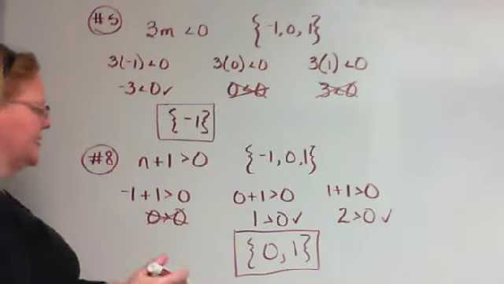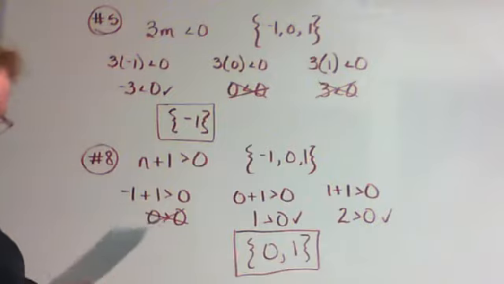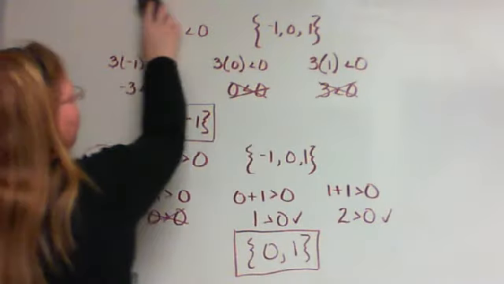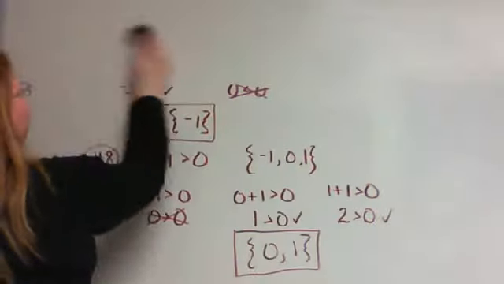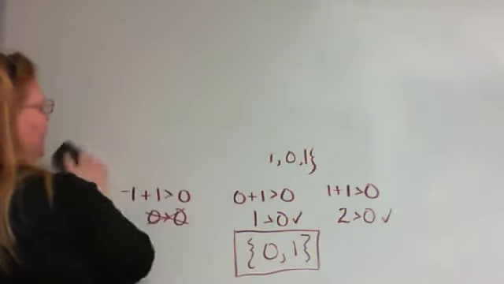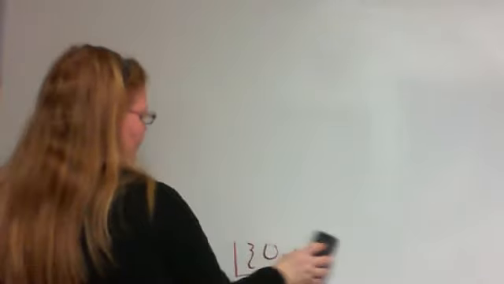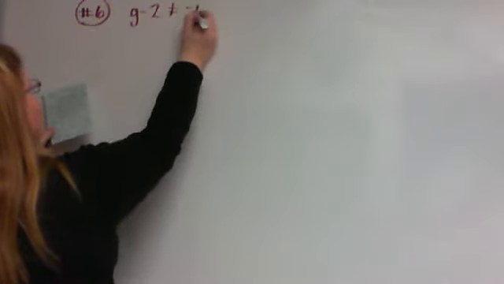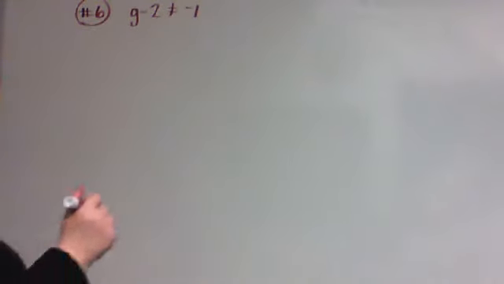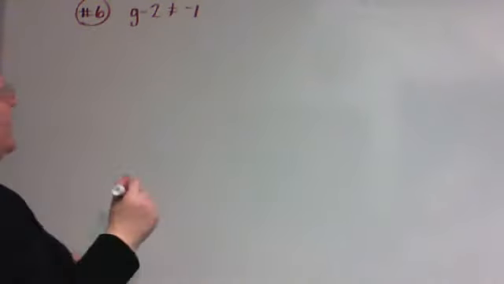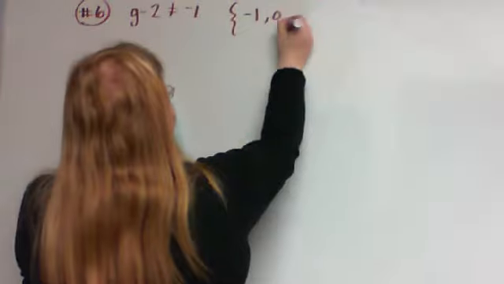Try number 6. That says g minus 2 is not equal to negative 1. My replacement set is still negative 1, 0, and 1.